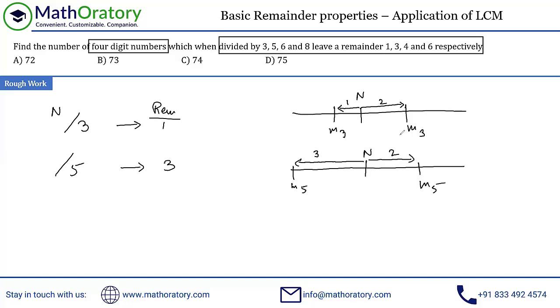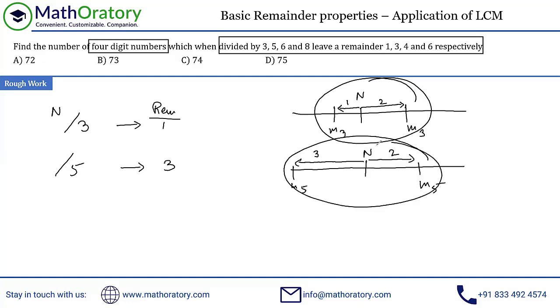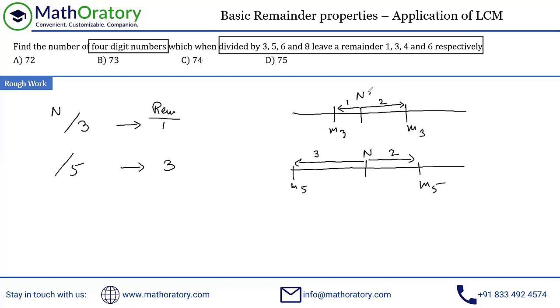Now notice something that is evident from this particular illustration as well as this particular illustration. From this number, if I move 2 steps forward, I'm getting a multiple of 3 as well as a multiple of 5. So what it means is this n plus 2, if from the number I'm moving 2 steps forward, n plus 2, this number is a multiple of 3 as well as a multiple of 5, right?